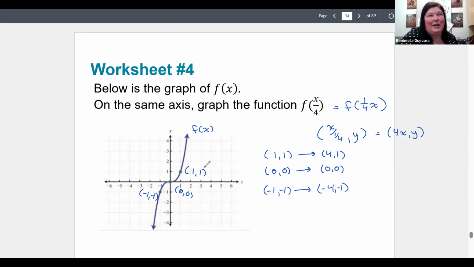Okay, so we are out here now at 4, 1. This stretches us out here to -4, -1. So we're getting a horizontal stretch, and 0, 0 stays where it is. So we have something that's going to look kind of like this, as my new function.